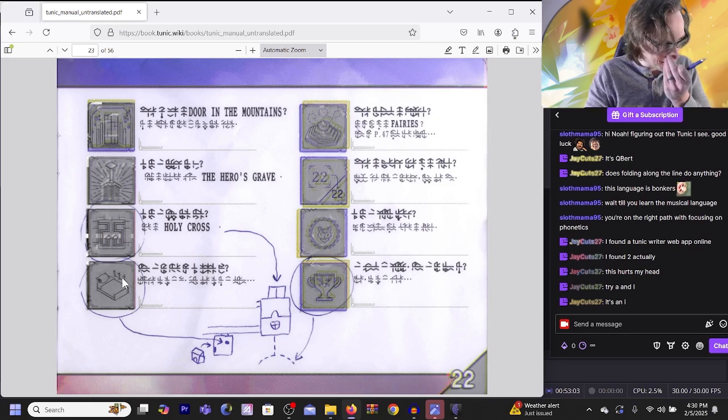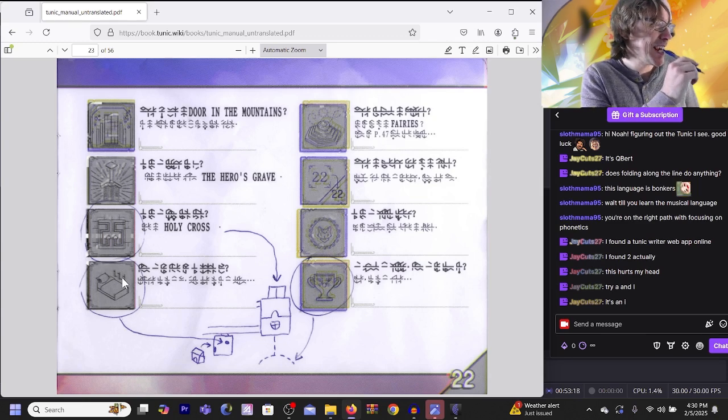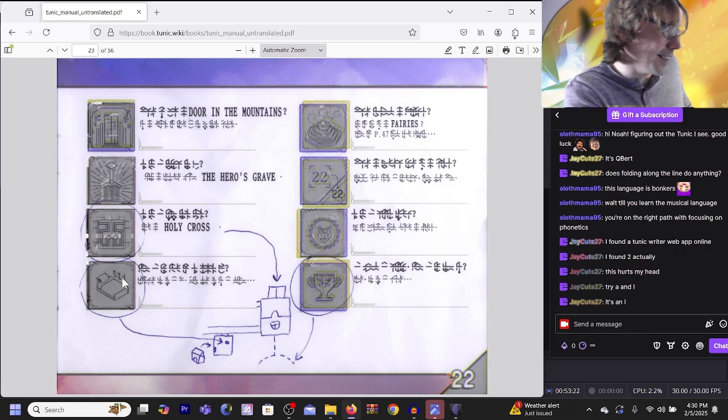I like when things become plausible. That symbol we actually have marked down as S. So maybe that is supposed to represent sleep. I like it a lot.